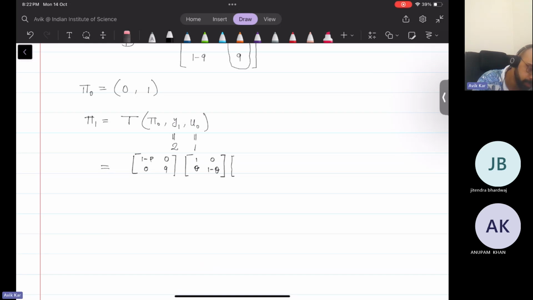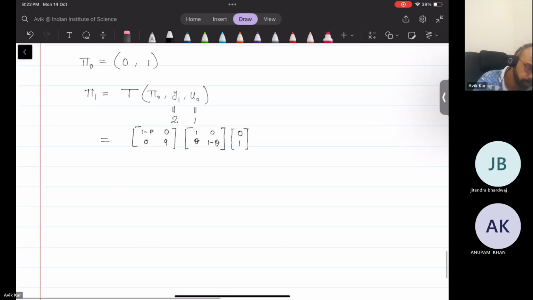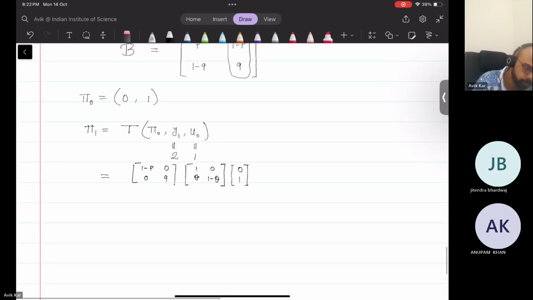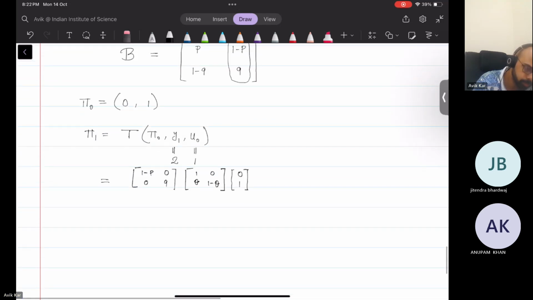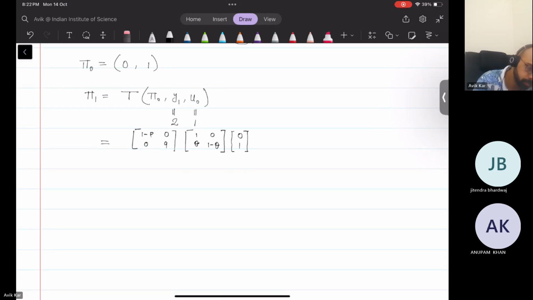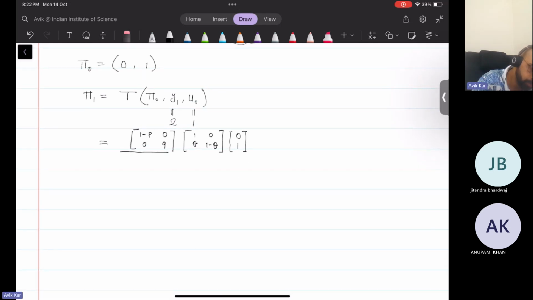And your pi is 0, 1 in state, divided by the normalization.